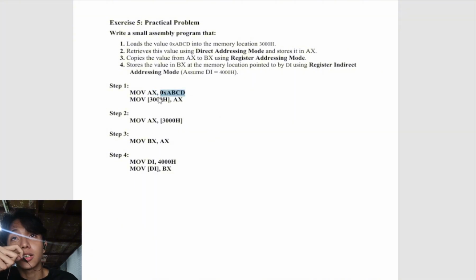Step 2, MOV AX, [3000H]. Now this loads the stored value back into AX. Number 3, MOV BX, AX. This copies the value from AX to BX.